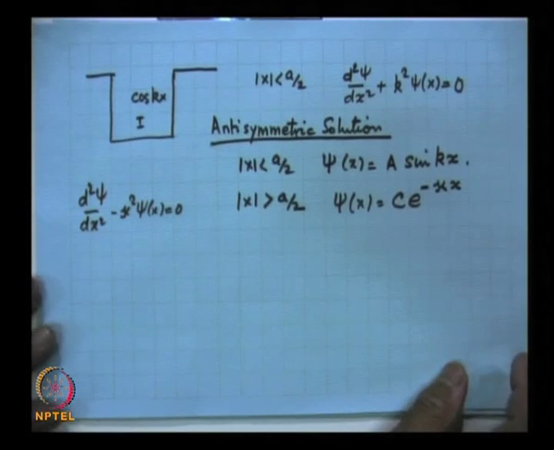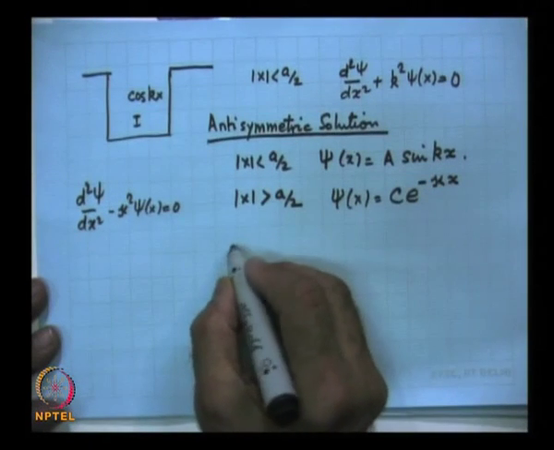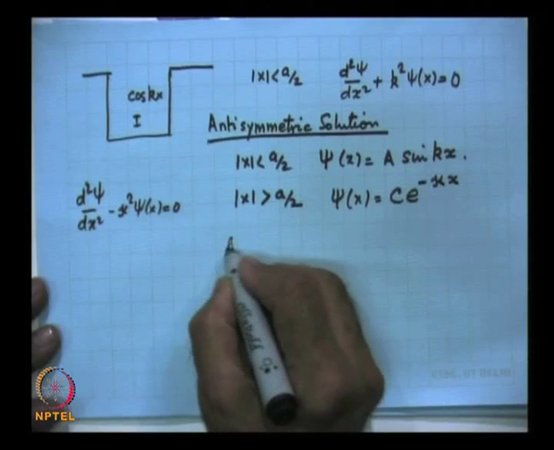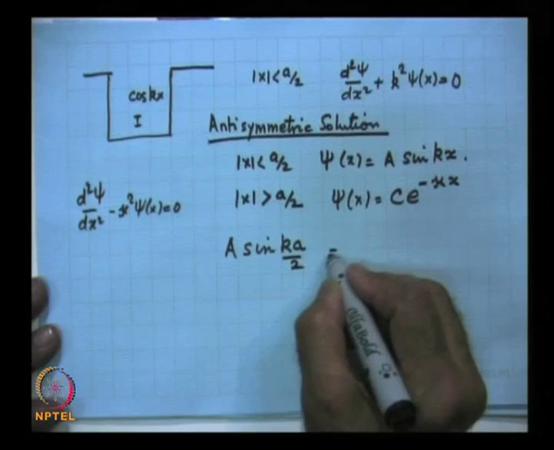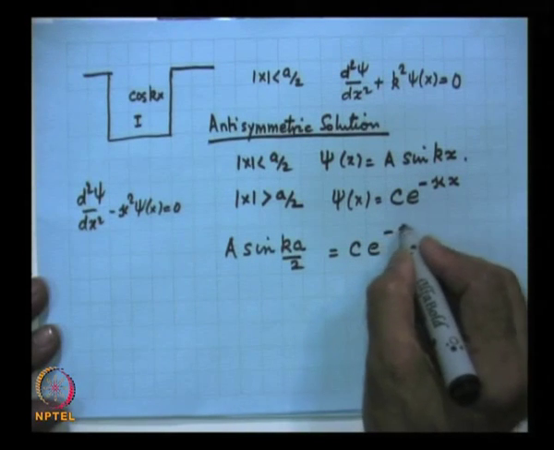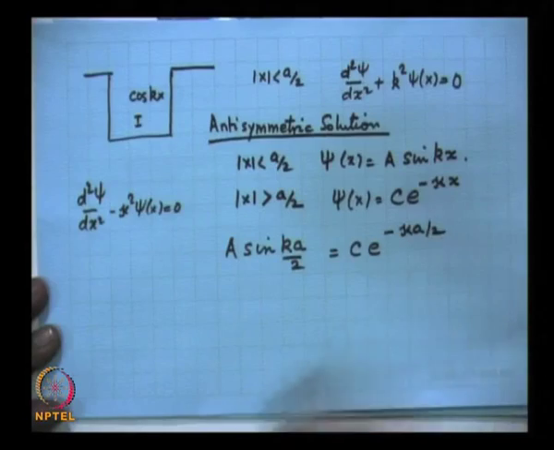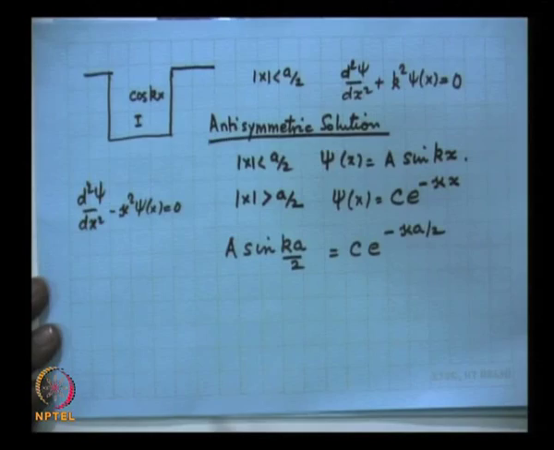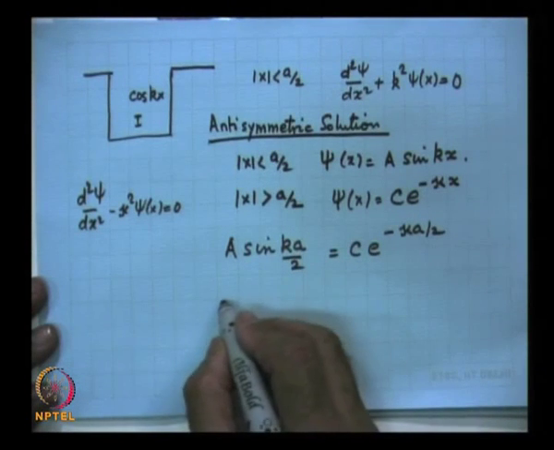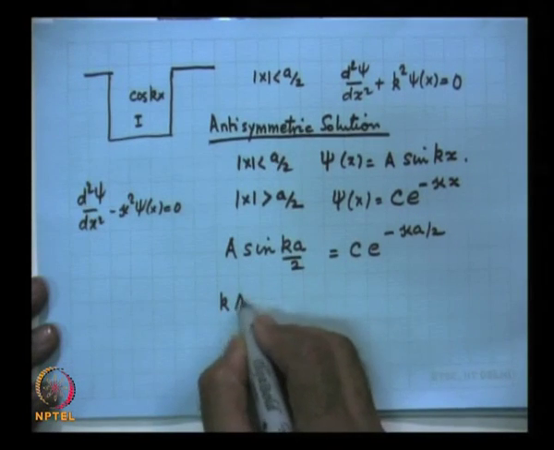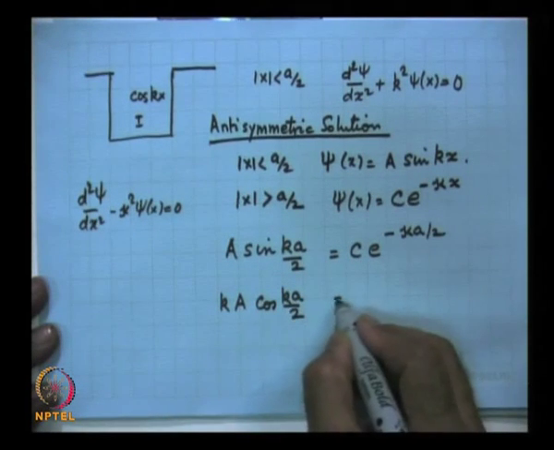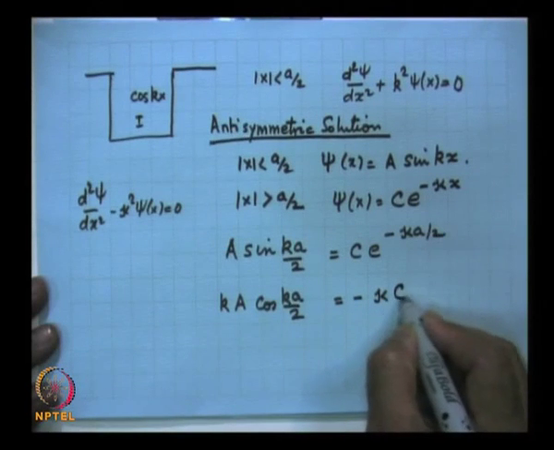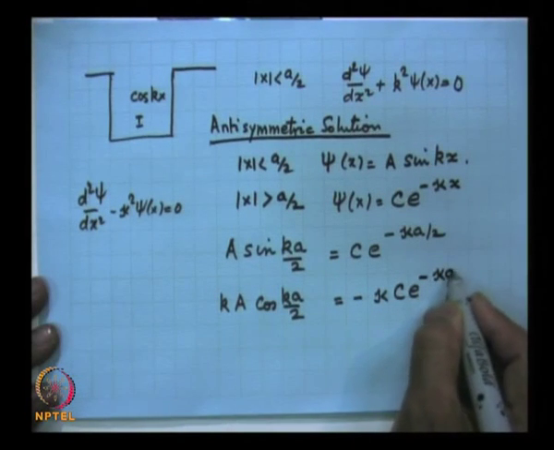Once again, we apply continuity conditions. The continuity of the wave function will be a sin k a by 2 equal to c e to the power of minus kappa a by 2. At x is equal to a by 2, psi of x should be continuous. And then I have the derivative continuous, that is k a cos k a by 2 is equal to, with a minus sign, kappa c e to the power of minus kappa a by 2.